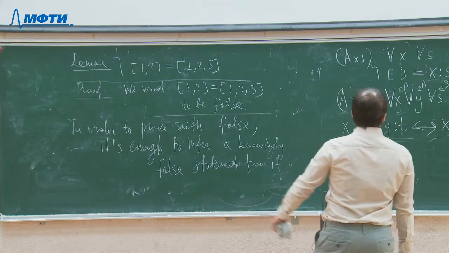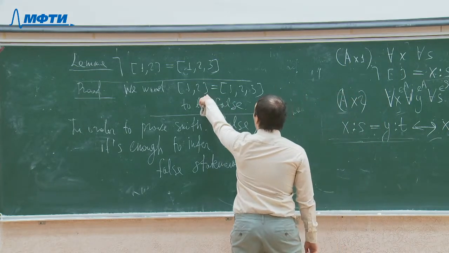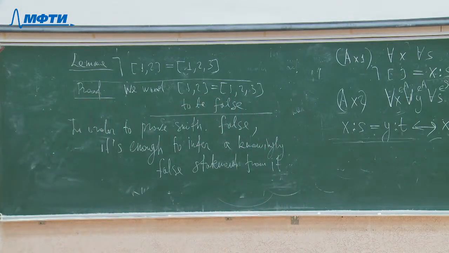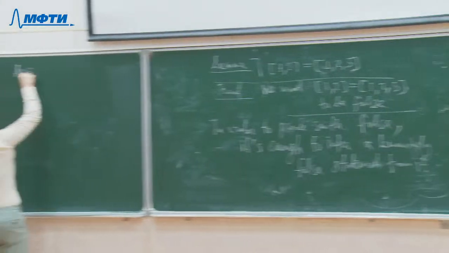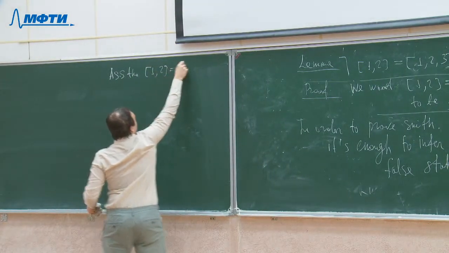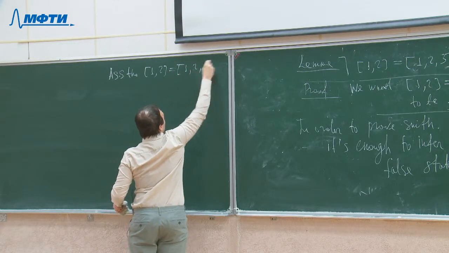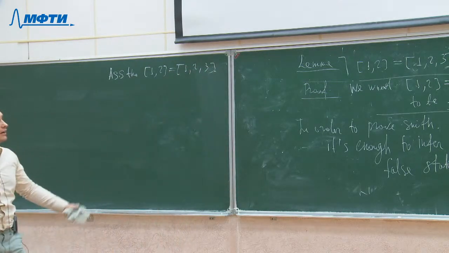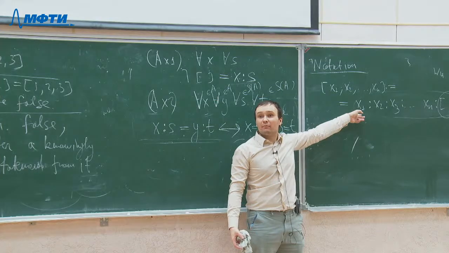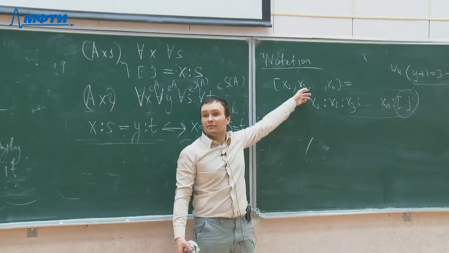So we have to infer some falsity from this equation. Assume it. Assume that indeed 1, 2 equals 1, 2, 3. Now let's recall our notation. What does it mean?